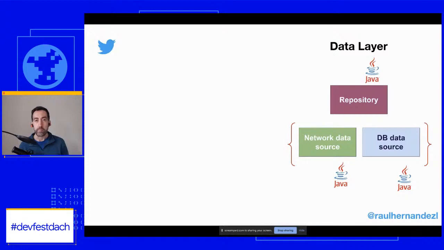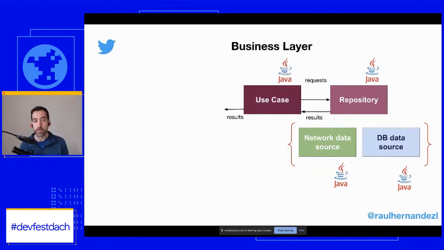And what I had at the time is basically everything built in Java with the data layer and the repository that is managing a few data sources. That's the network and the database data source. This is connected actually with the use case. That's a business layer where you will have some business logic, like maybe transforming some data that is coming from the repository, and then you will request the info to the repository. This will return back those things, and those results are going to be also returned from the use case.